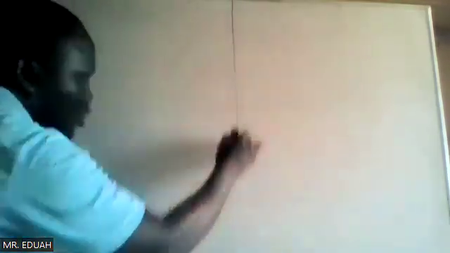Okay. But you are to draw a velocity time graph for a body that is thrown vertically upwards. Let's even do it for thrown vertically upwards and then downwards.